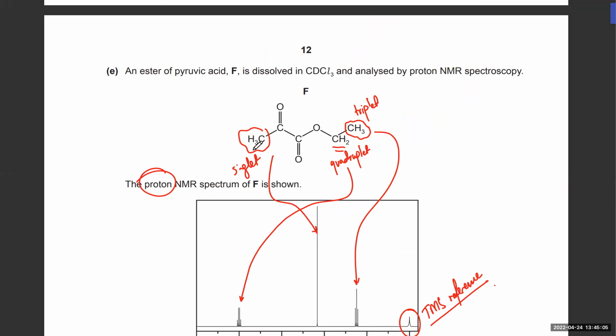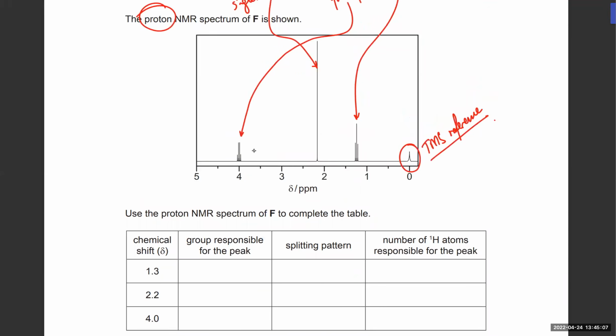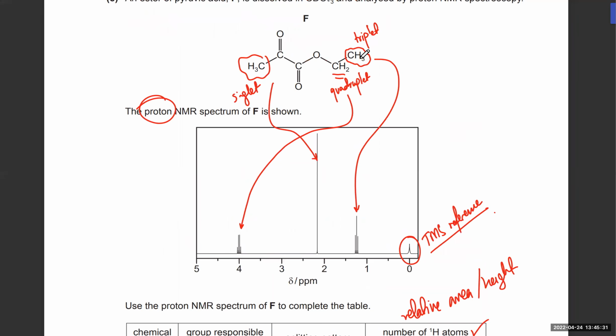अच्छा सर यहाँ से वो किया हुआ है और remember कि इसको दो तरीकों से they call this the relative area of the peaks. Sometimes they refer to it as the relative area or they refer to it as the relative height. अच्छा ये case तो simple है. They just told you to find the number of H atoms. This thing also means the same thing. You've got 3 H atoms in this, 2 H atoms in this one, and 3 H atoms in this one.